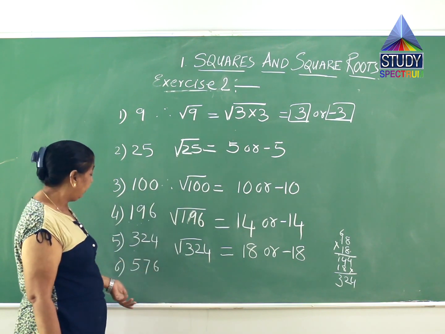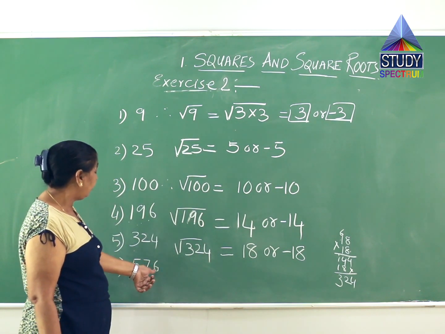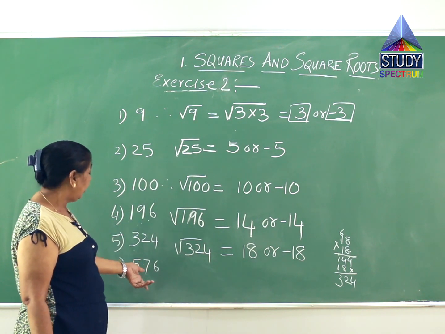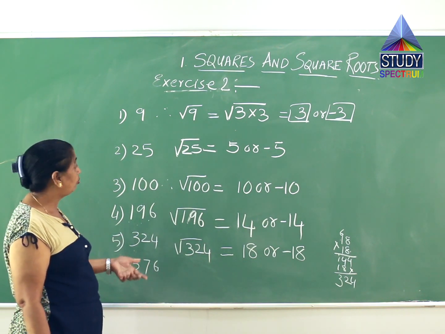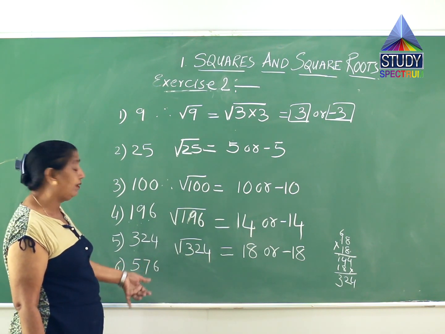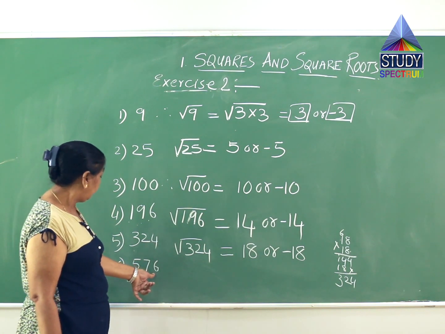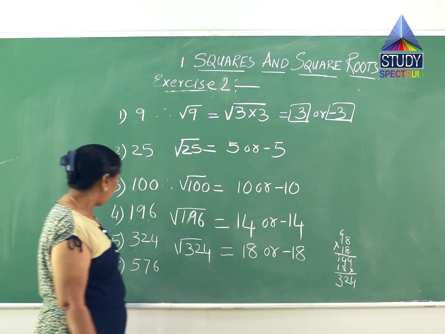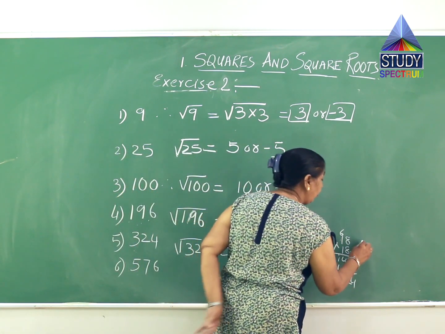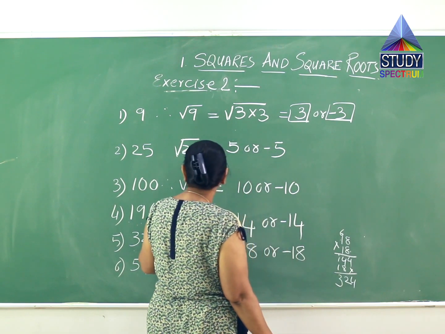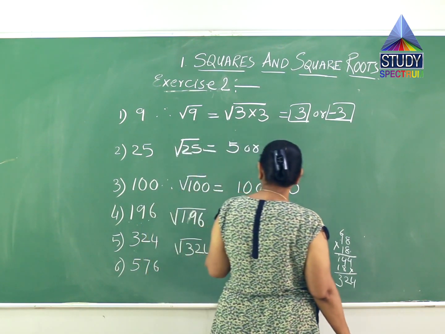The next number is 576. Again applying the divisibility test. You have seen the unit place is 6, and in a table, which number squared gives me 6 in the unit place? One is 4 and the other is 6, because 6 into 6 gives me 36. So now let me try with 14. We know 196 is the square of 14.